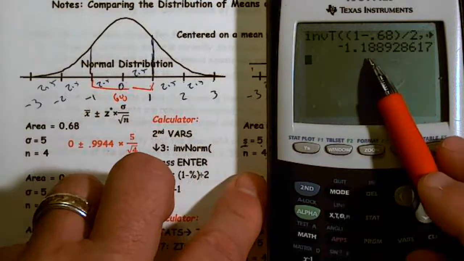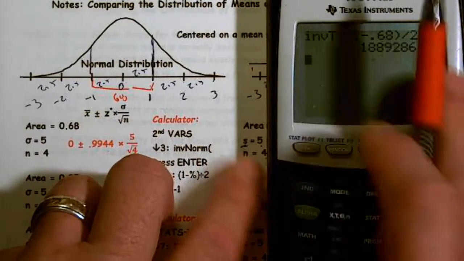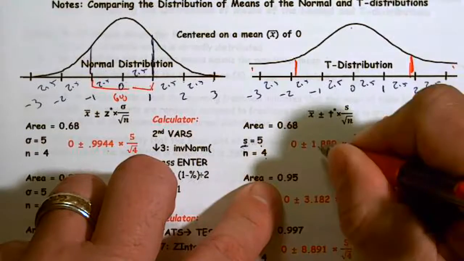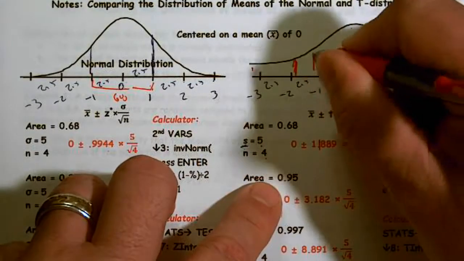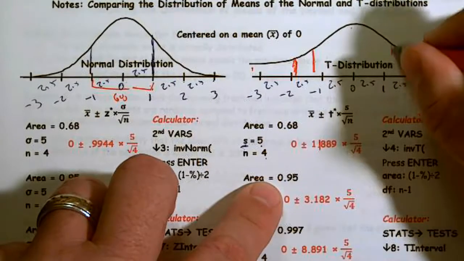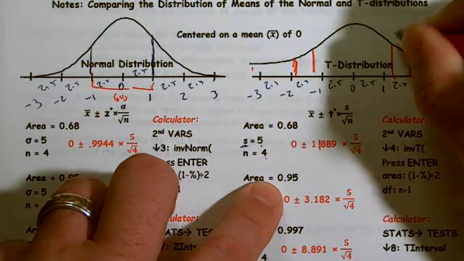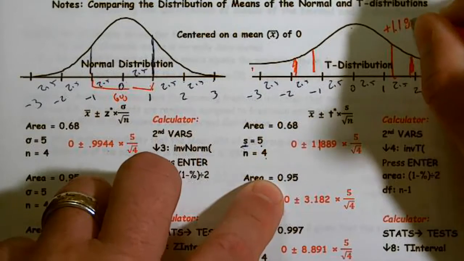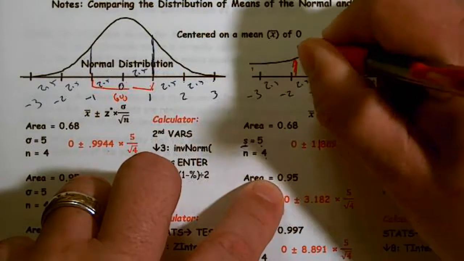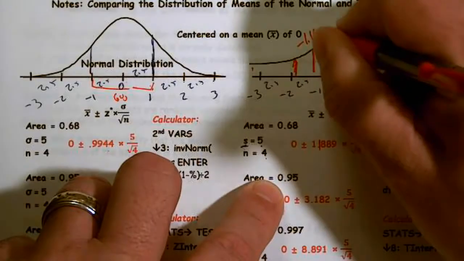And I get 1.1889. So a little over 1. So this would be plus 1.1889, and this would be minus 1.1889.